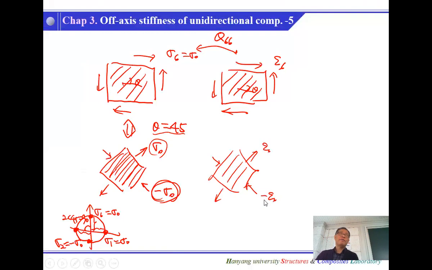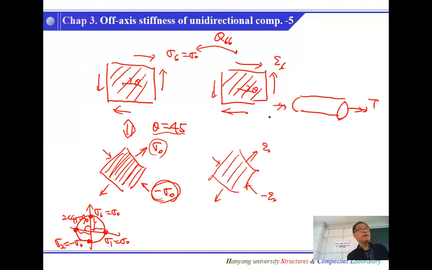maximum at 45. So whenever you want to design a structure, for example a tube, which is supposed to support this kind of torque, say you would like to design a cylinder or tube which supports torsion. You know, torsion is always what? Shear, always like that. So there will be a shear stress like that.